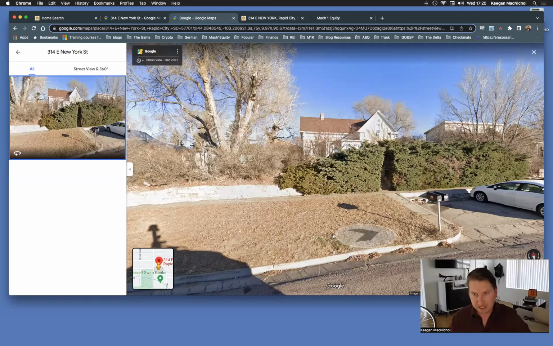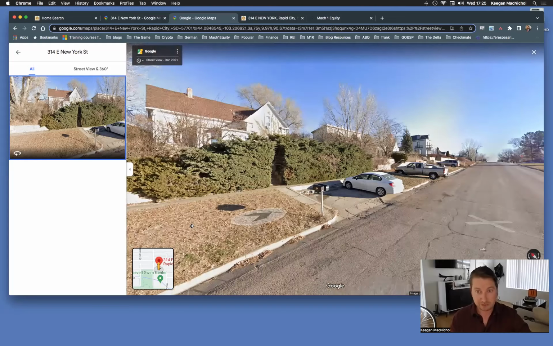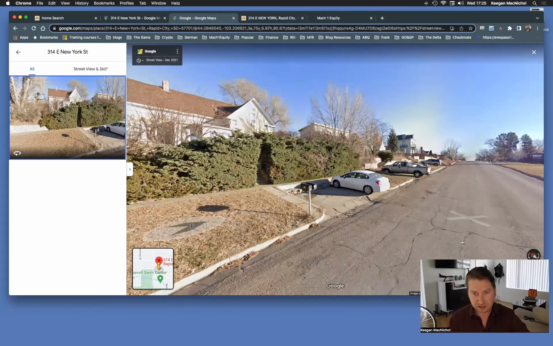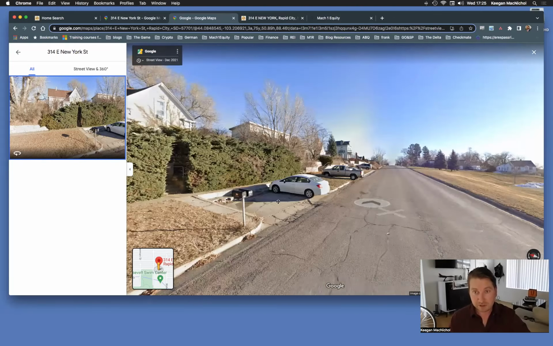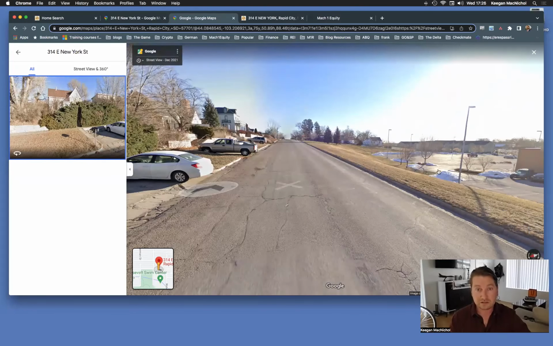But other than that, just looking at the other pictures of the actual yard, it looked generally in pretty good shape, right? Then you're just going to look at the neighborhood in general. Okay, it's got dedicated off-street parking in addition to that garage with the driveway, so there's plenty of parking in this place. And I'm just going to kind of use Google Streets to just look at the neighborhood, right?